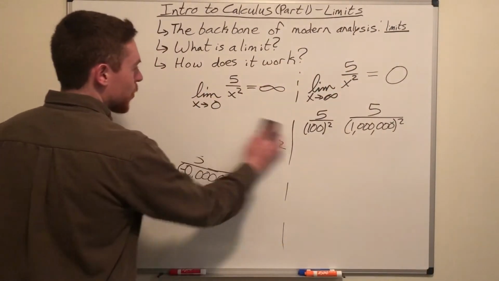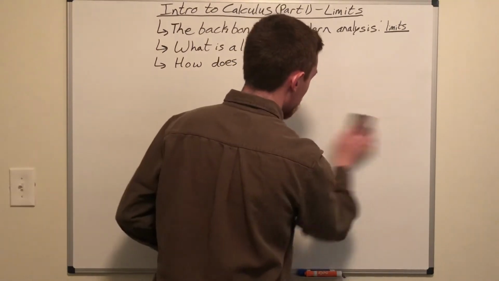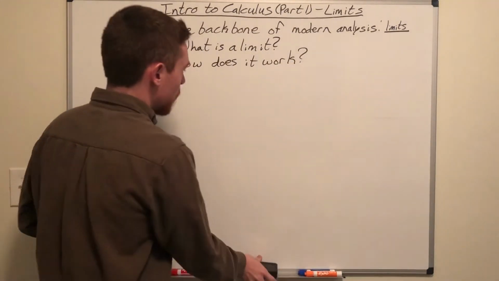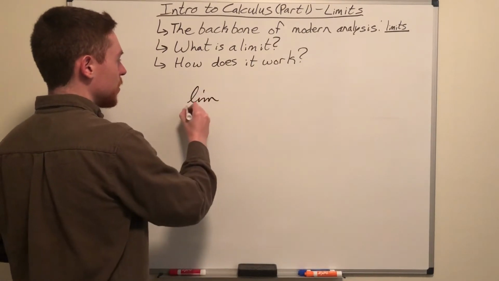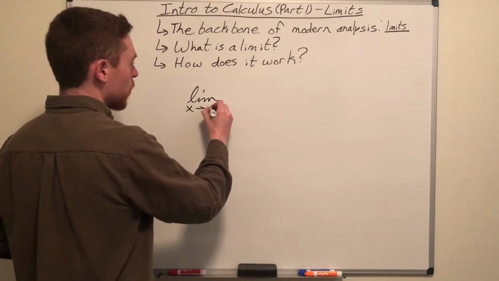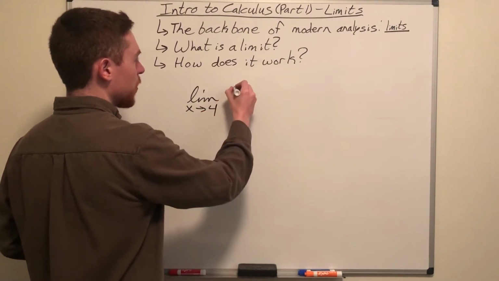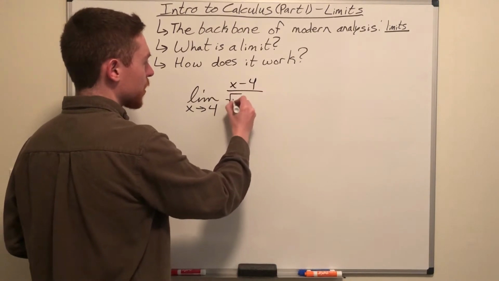But limits don't have to go to 0 or infinity. We might have something like the limit as x goes to 4 of x minus 4 over square root of x minus 2.